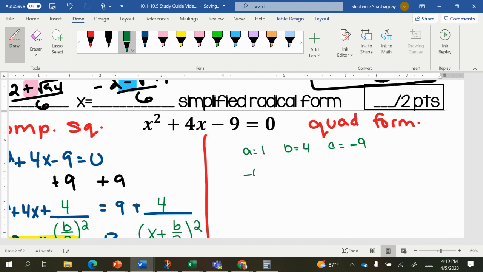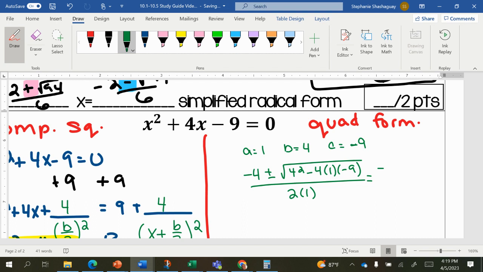So we're going to have negative 4 plus or minus the square root of 4 squared minus 4 times 1 times negative 9 divided by 2 times 1. So I'm going to go ahead and do this in my calculator at my desk so you can't see it. I get 52.